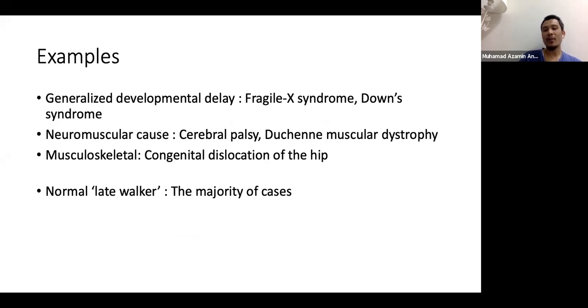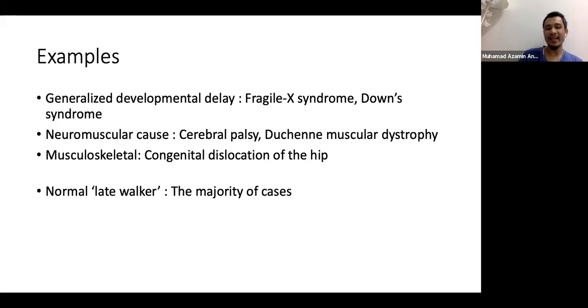Okay, majority of the late walkers are normal late walkers. About 95% of late walker children are normal late walkers, which means that if they come to you at 18 months old and you do all investigations and all come back normal, then you will tell parents that this is probably just a normal late walker. Hopefully the child will start walking by 2 years old, 2.5, and then develop normally.